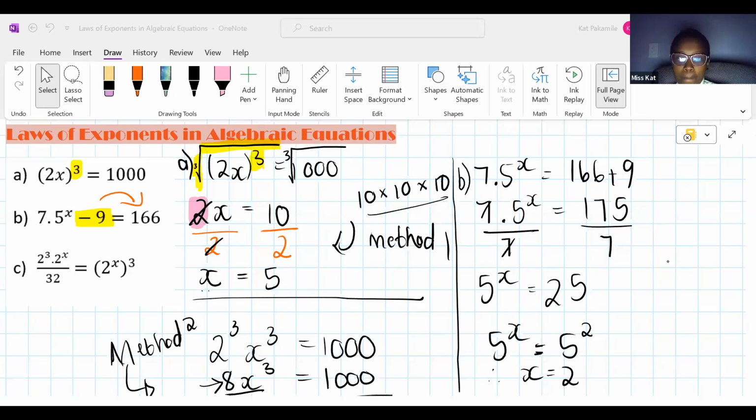I got confused on where you added the cube roots on both of the equations in A. Do you understand why I'm adding the cube roots? No, ma'am. Okay, let's check here. Let's say 2 cubed. How much is 2 cubed?